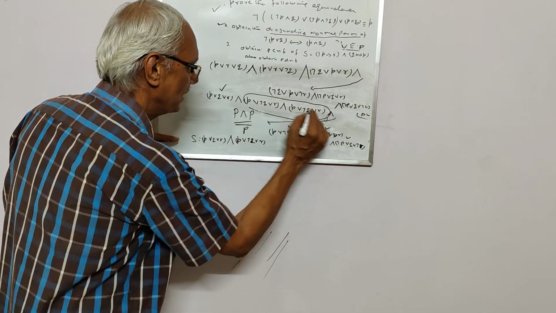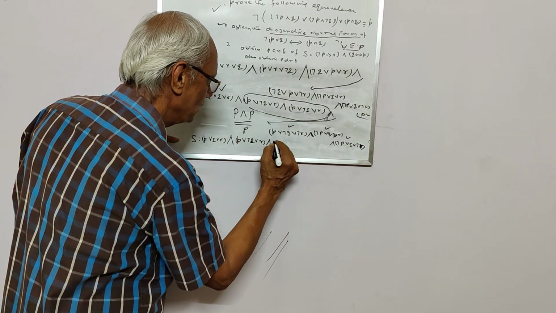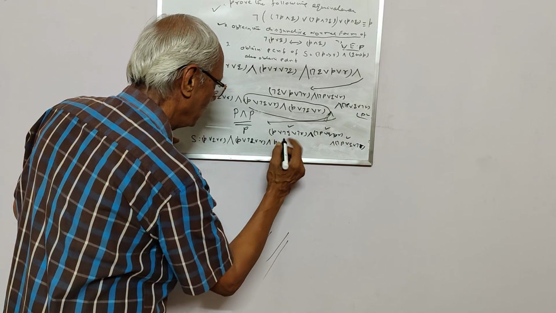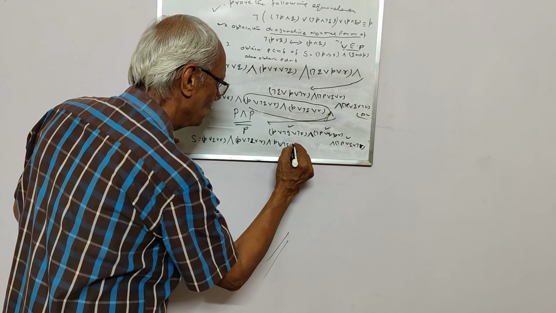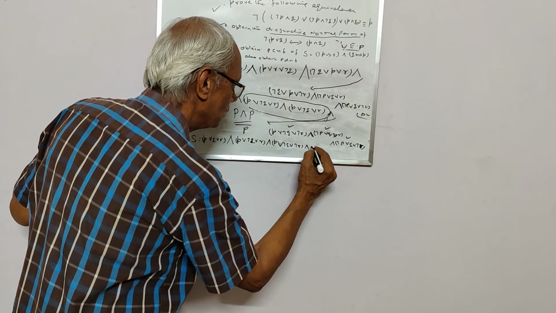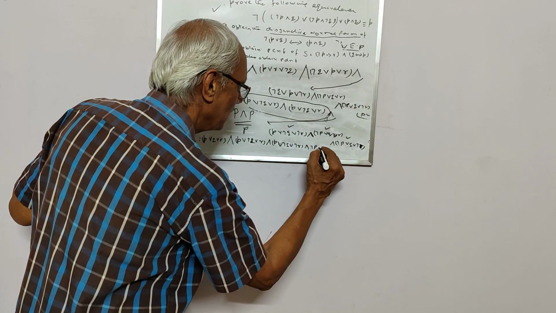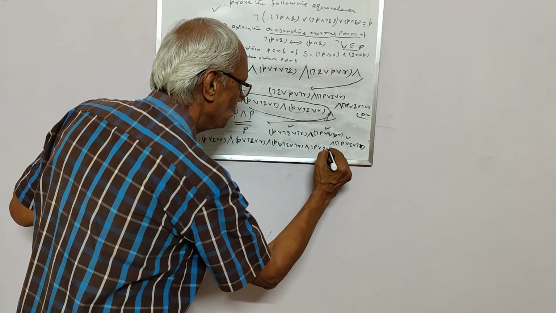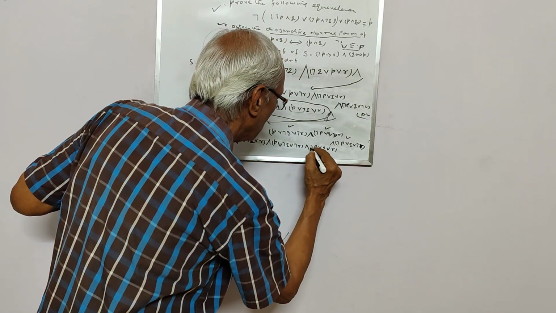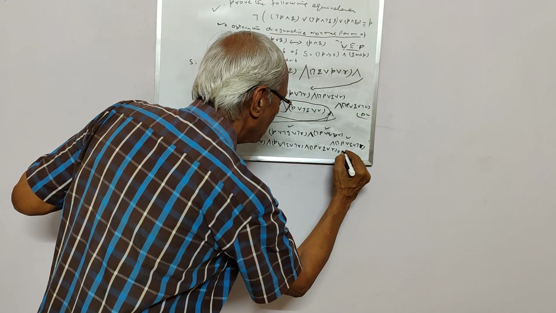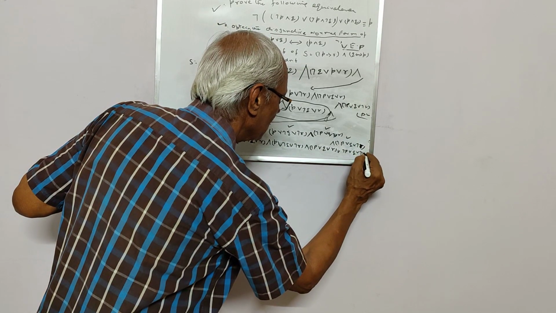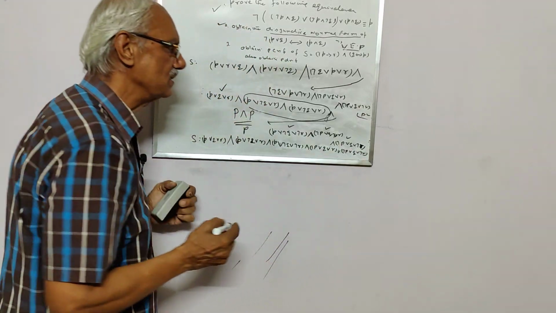So this is one. Then conjunction P negation Q negation R. Then conjunction negation P union Q union R. Then negation P union Q negation R. So these are the things that you have got.